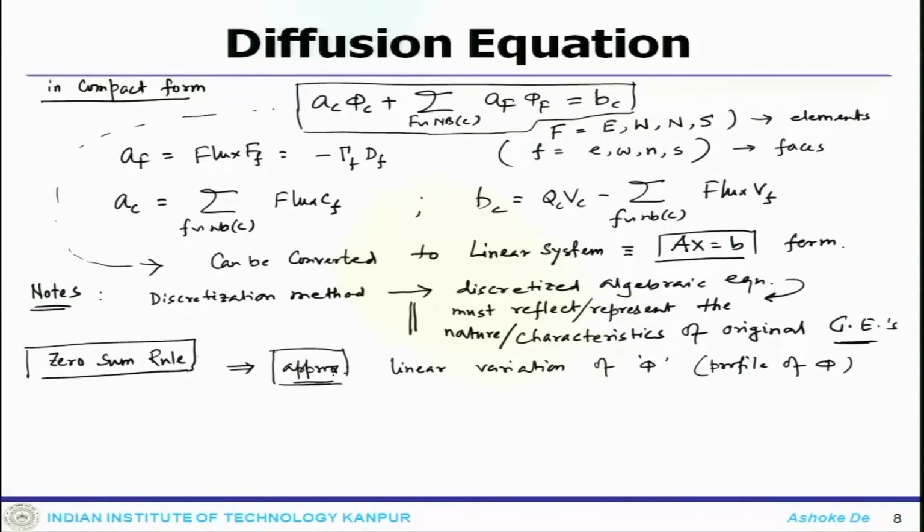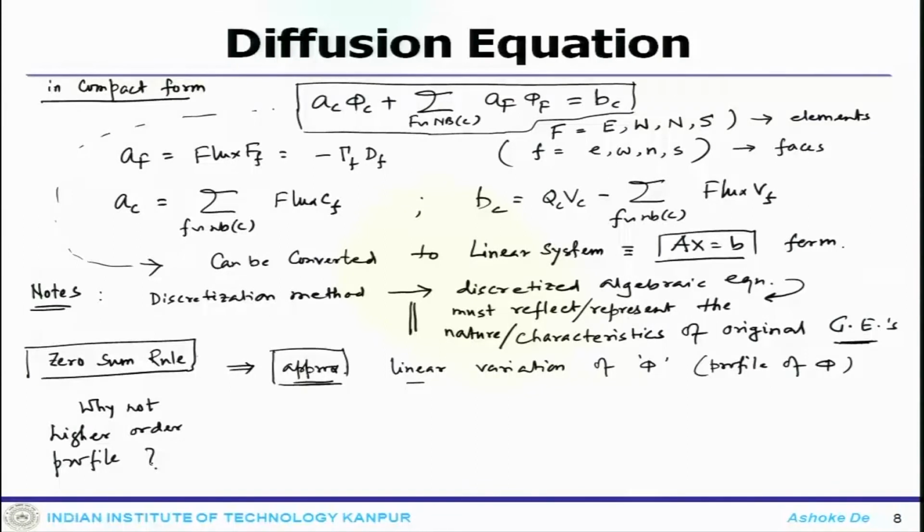Okay. So, a question could be: when we have assumed linear variation, why not higher order variation, or higher order profile variation? That is a pertinent question to answer, since amongst the neighboring cells we have assumed linear variation.